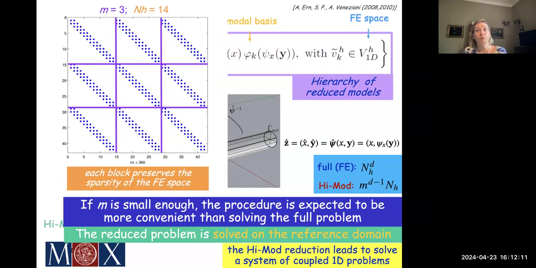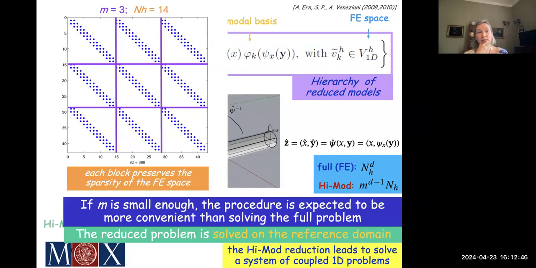And finally, from an algebraic viewpoint, what you discover is that you may a priori exploit a particular sparsity pattern characterizing your hi-mod discretization, in the sense that what you get from an algebraic viewpoint is a block-wise matrix. In particular, each block exhibits the sparsity pattern characterizing the discretization you select along the main direction.